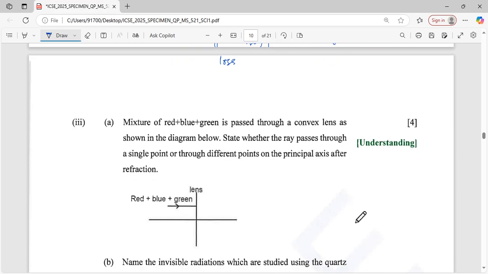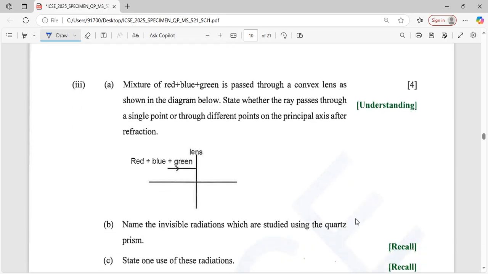Number 3, a mixture of red, blue and green light passes through a convex lens as shown in the diagram below. State whether the rays pass through a single point or different points on the principal axis after refraction. Red, blue and green, we know this is from VIBGYOR.